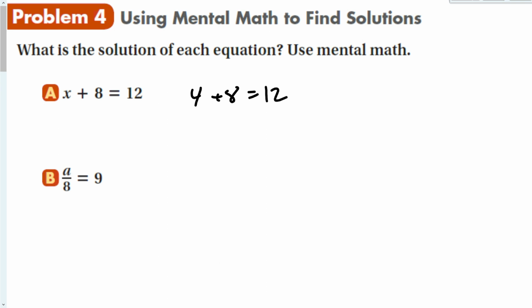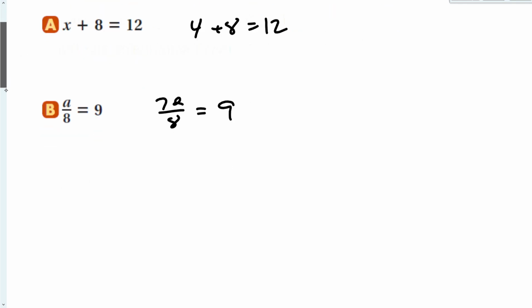And again, for part B, something divided by 8 is equal to 9. What is that something? Well, how about 72 divided by 8 is 9? And then, of course, as we get to the next chapter, we'll see that 8 times 9 is 72, which is how we would actually solve this problem.